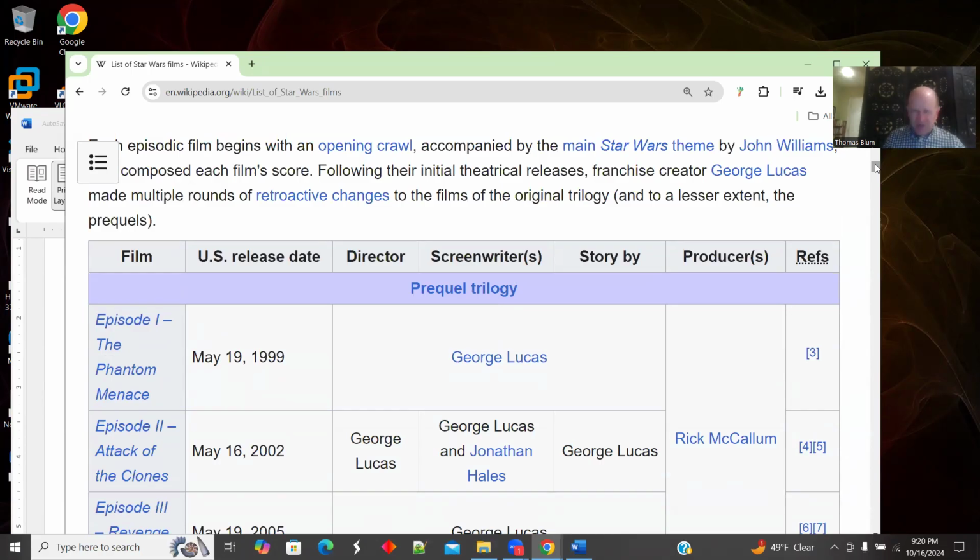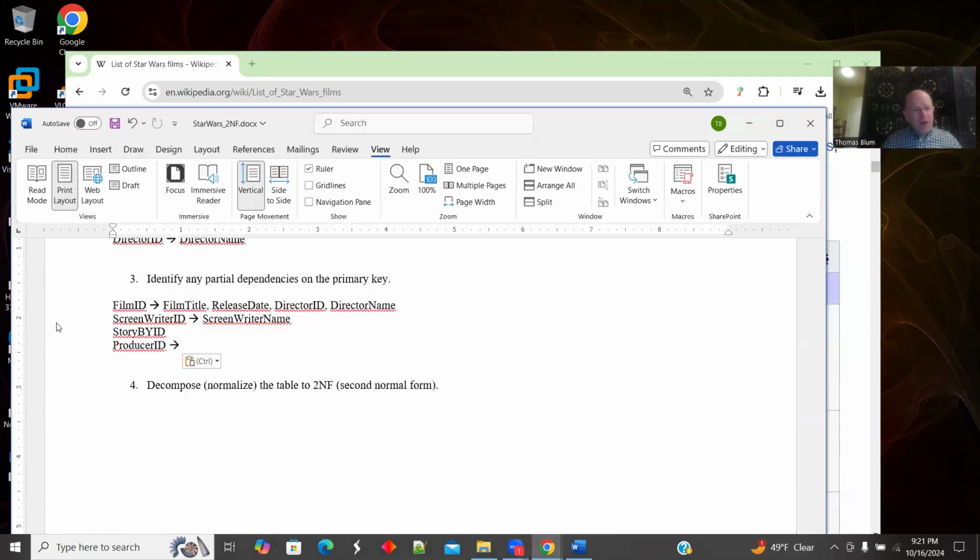He's the director, he's the screenwriter, he's the story by. And if you go over to the Internet Movie Database, there is one ID for George Lucas. There's not, here's George Lucas the director, here's George Lucas the screenwriter, it is George Lucas. And that's a thing that one has to consider, so we have these different roles that a person could play.